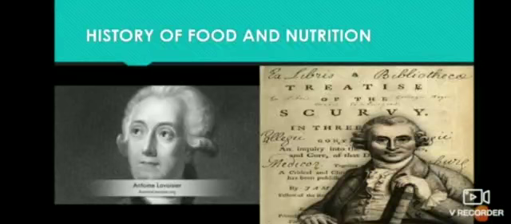In the year 1752, James Lind discovered scurvy, which could be cured or prevented by eating fresh fruits and vegetables. In the 19th century itself, it was known that the body obtains three substances, namely proteins, fats, and carbohydrates from the food.